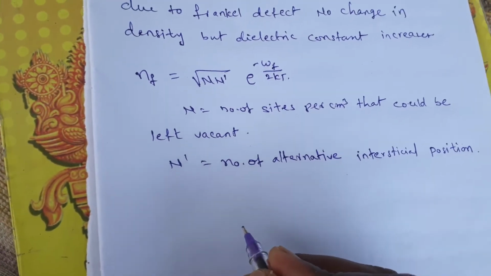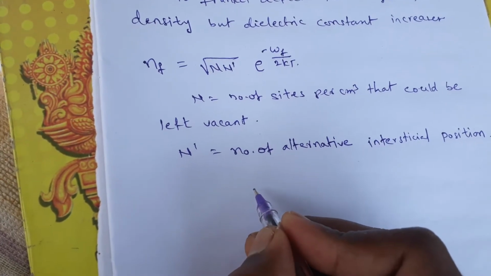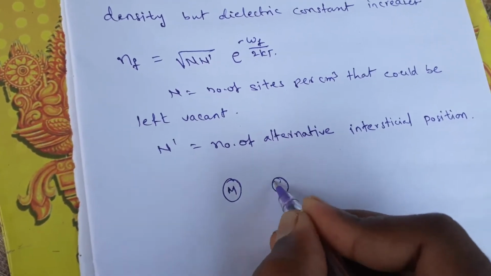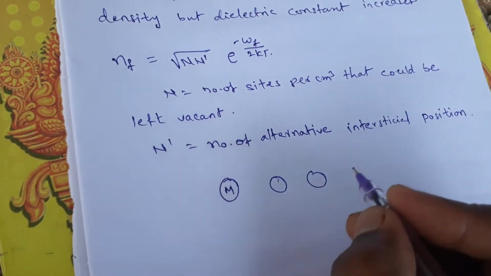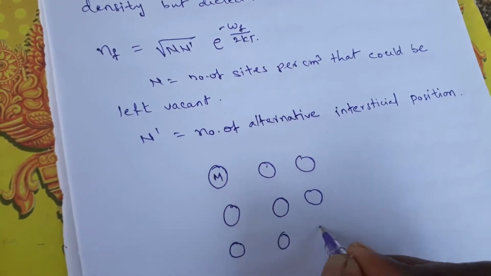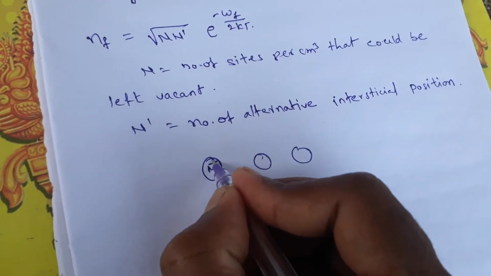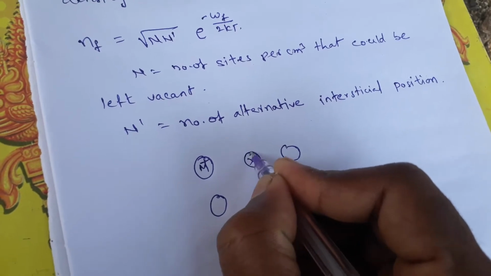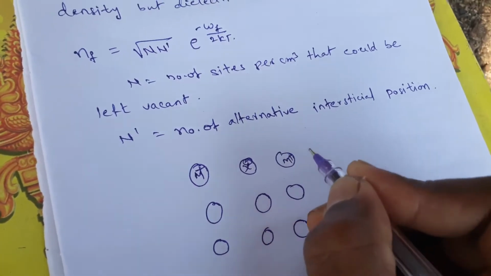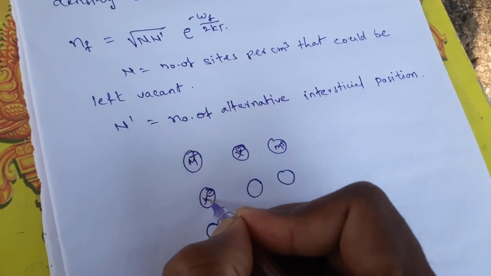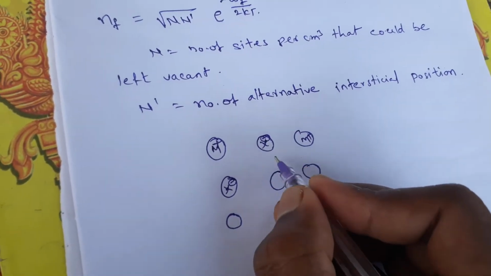So if you see this diagram for the Frenkel defects, there are metals and there are cations, plus charge, and anions, minus sign. Here another metal cation is there, and here an anion is there.